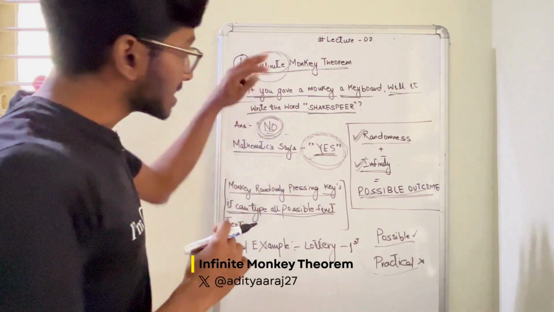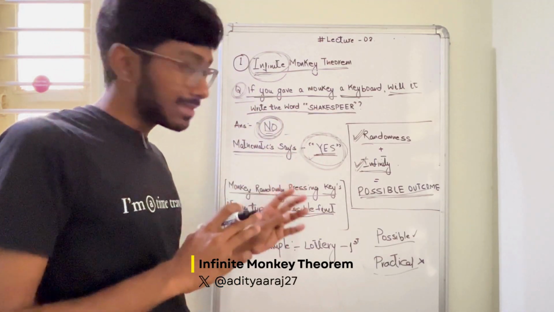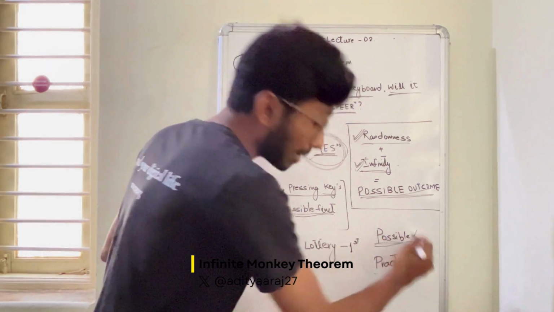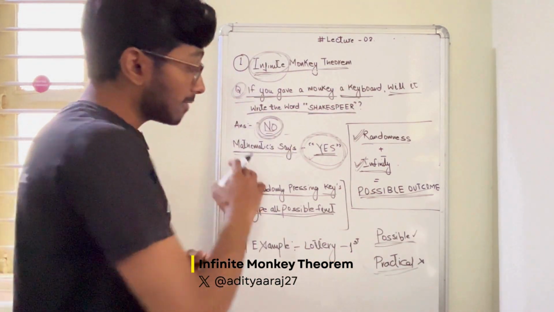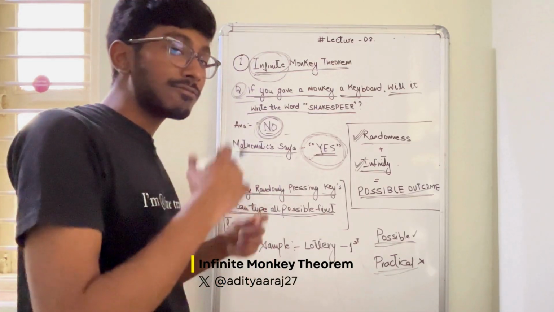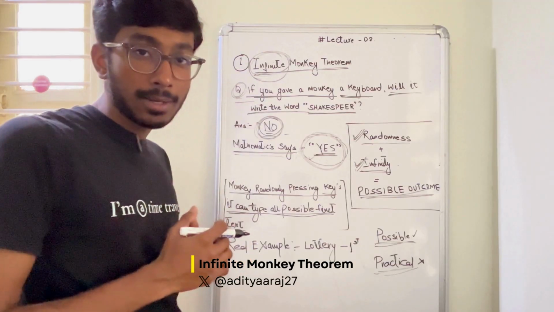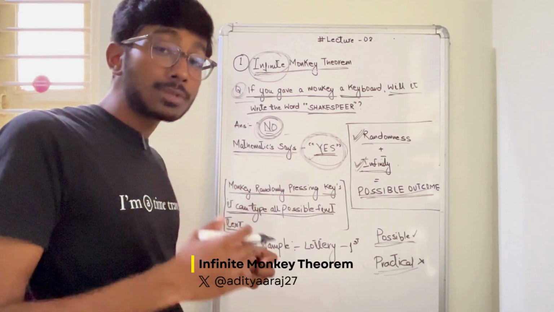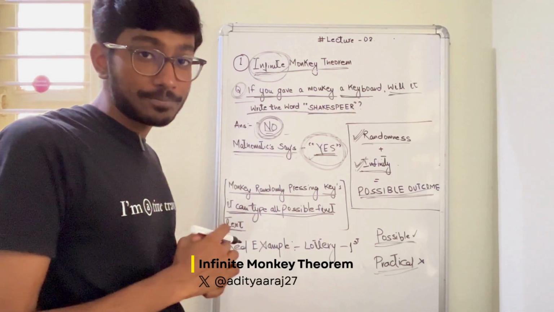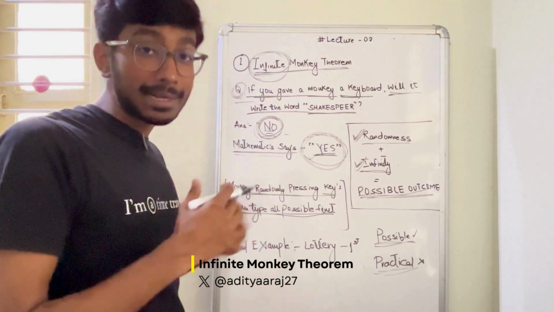Now, this concept deals with randomness and infinity, and it is said that it is possible, but it is not practical. Fun fact: if a monkey is sitting and typing, it will definitely type all the finite text over an infinite period of time. But the amount of time it is going to take is far more than the age of the universe itself. So that's the reason we say it is possible but not practical.